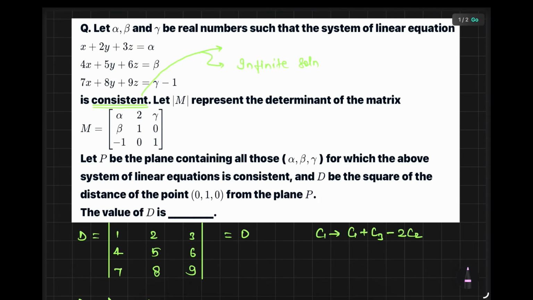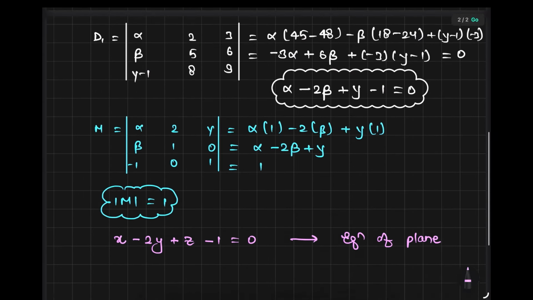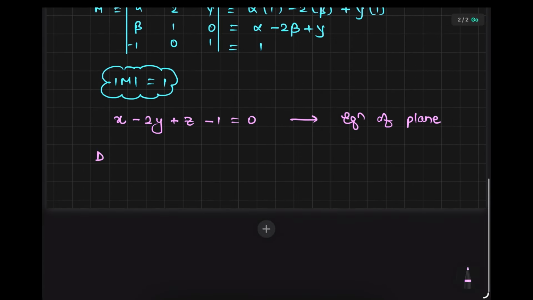Now, for the plane for which the above system of equations is consistent, let D be the square of the distance of the point (0, 1, 0) from this plane. So you have to find the square of the distance. And how will we find the distance? The point was (0, 1, 0).